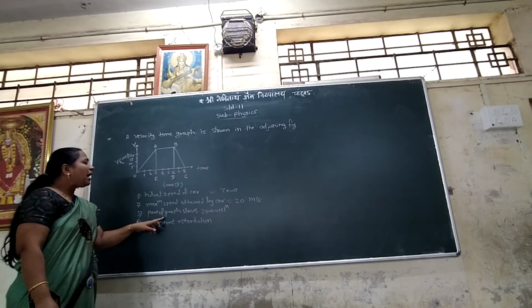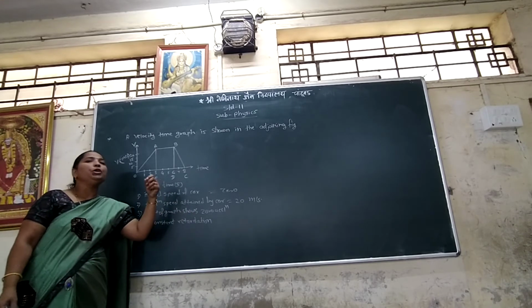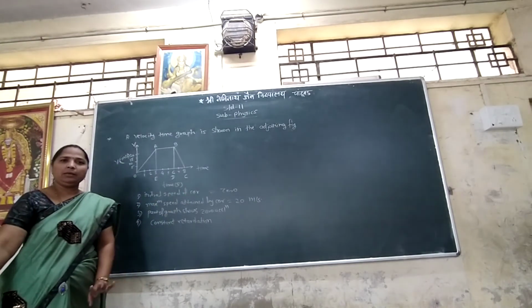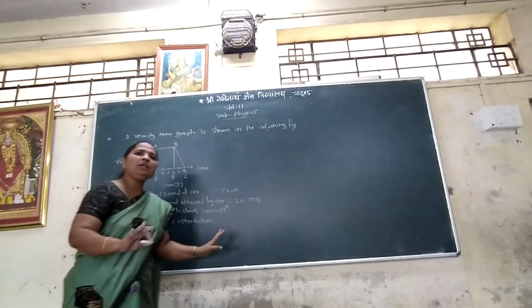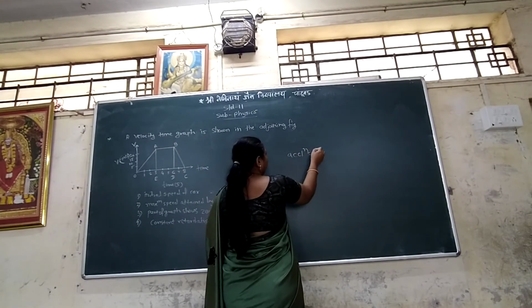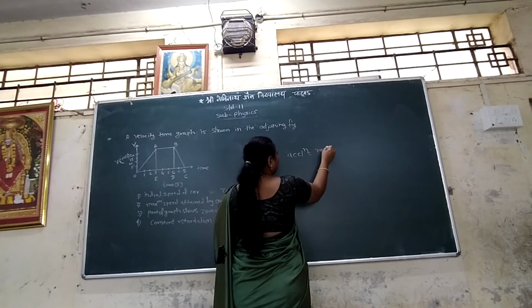Then, which part of the graph shows 0 acceleration? There is no change in velocity. Acceleration is defined as the rate of change of velocity.